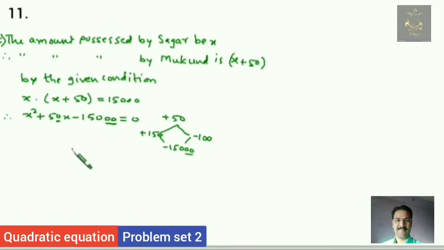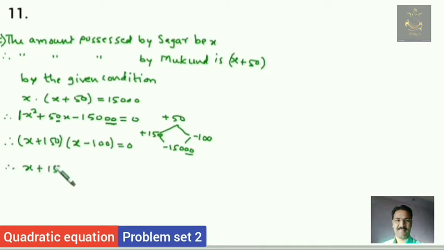So in all we'll get 150 minus 100. Because of the one that is there, we can write down directly x plus 150 in one bracket and in the second bracket x minus 100, equal to 0. Now this one we have to just simplify.